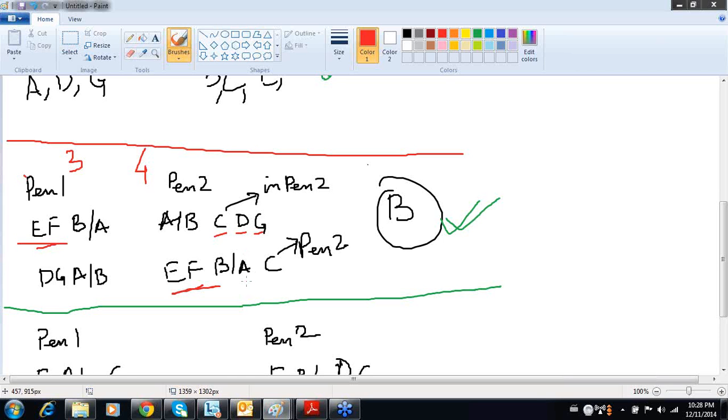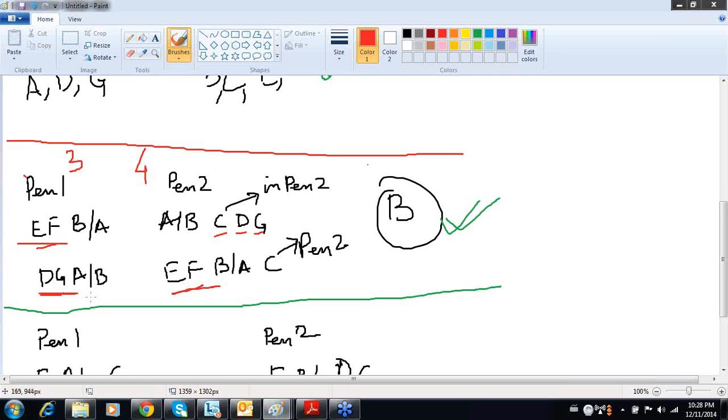If one of B or A has to be in pen 2, then D and G cannot be in pen 2, because pen 2 has only 4 capacity, so 3 is occupied. If D and G are together, then it will be 5, which is not possible. So DG has to be in pen 1.